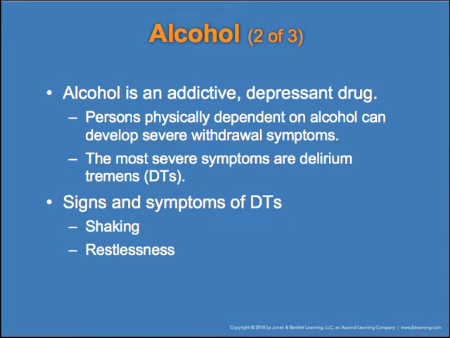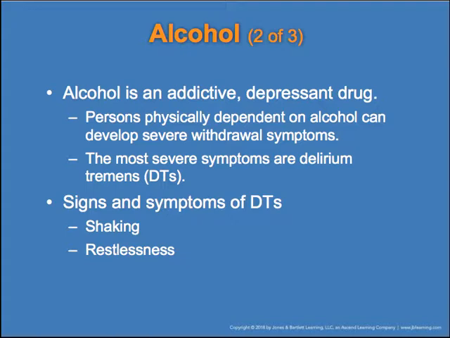Alcohol is an addictive depressant. People dependent on alcohol can develop some pretty severe withdrawal symptoms, right? As much as it occurs because they decided to drink at some point, the symptomology itself is no joke. Delirium tremens, DTs, can be physically painful and can be life-threatening. It's important that we're really, really understanding and show empathy to these kinds of patients.